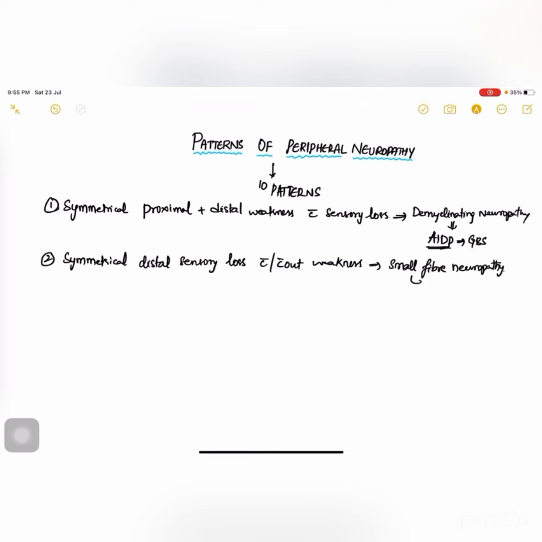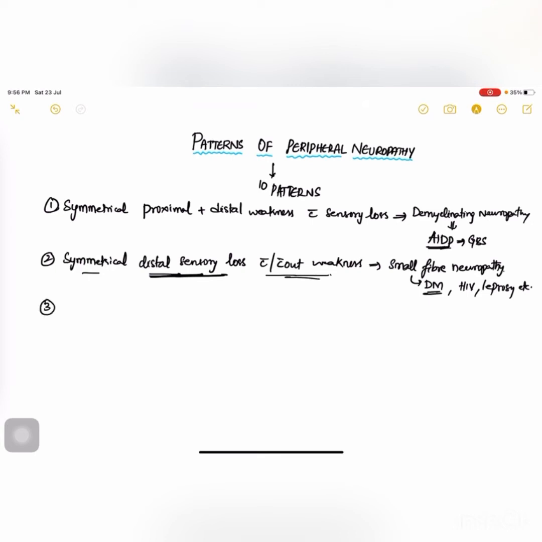The best example is diabetes mellitus, the most common cause of small fiber neuropathy. Other causes include HIV, leprosy, etc. Small fiber neuropathy is a length dependent neuropathy, so there is symmetrical distal sensory loss, and motor symptoms can be minimal, so there may be weakness or not.